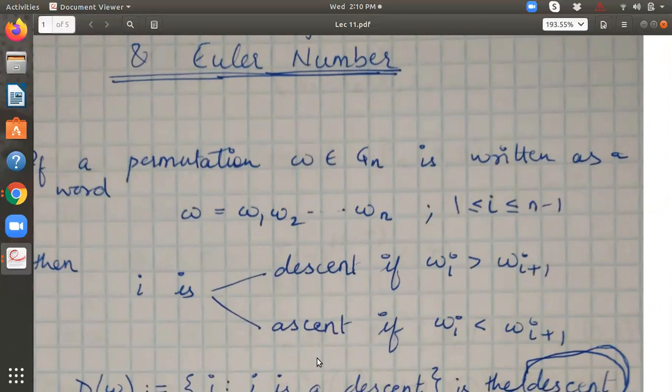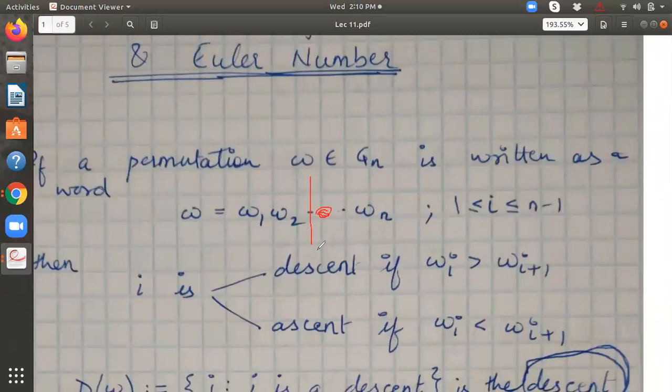No problem. So standing at any location, you compare that particular element with its next element. If let's say here is where I'm seeing, I compare it with just this next one here. And if this one is bigger, I call it a descent. So every time this is the point of reference.